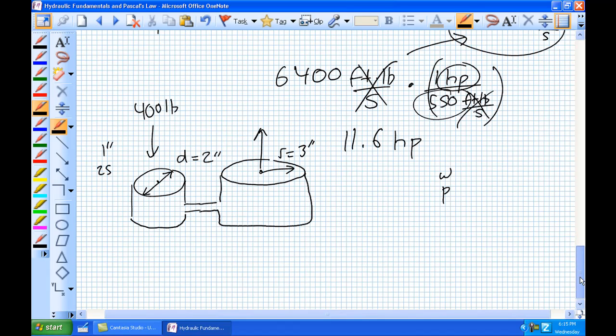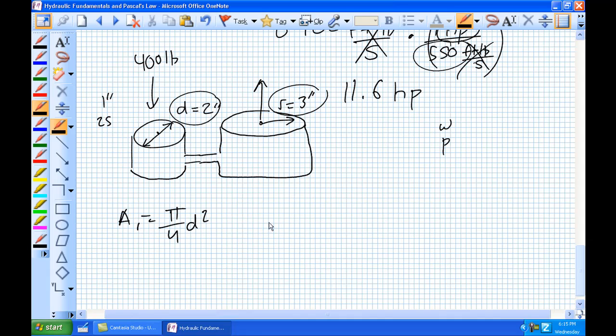First off, don't freak out. You've got all the techniques you need to solve this problem. Figure out the areas in terms of diameter and radius. Area 1 is pi over 4 d squared. Area 2 is pi r squared, or you could convert it to a diameter if you wished.